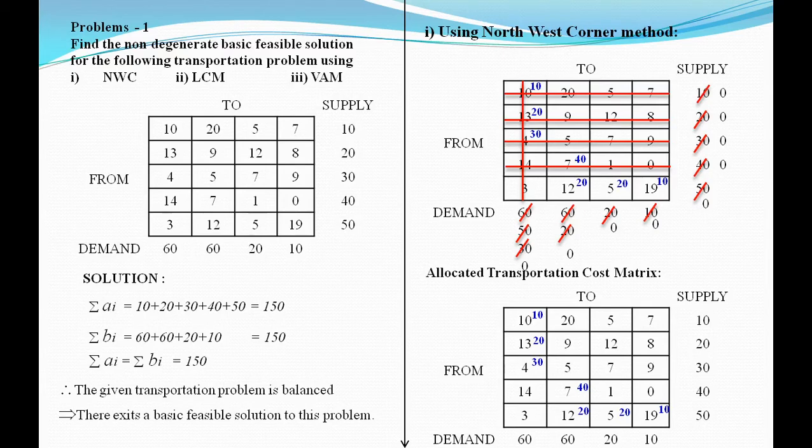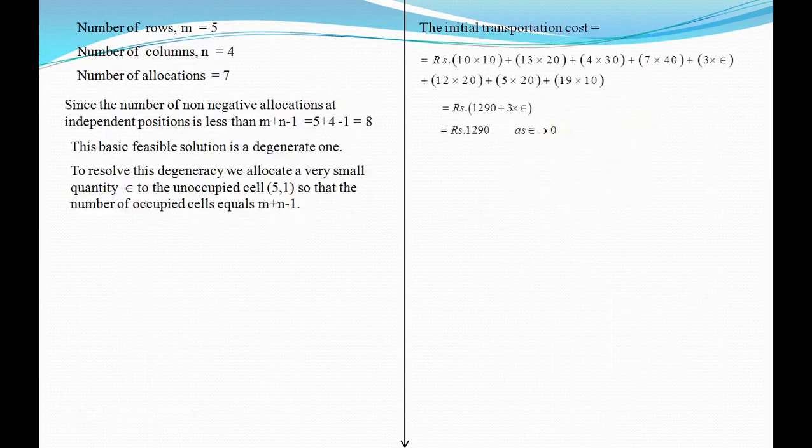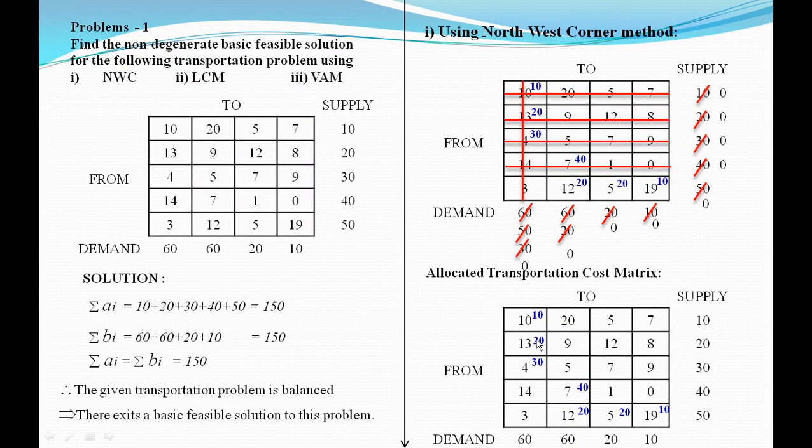The number of allocations is 7 only, available here.